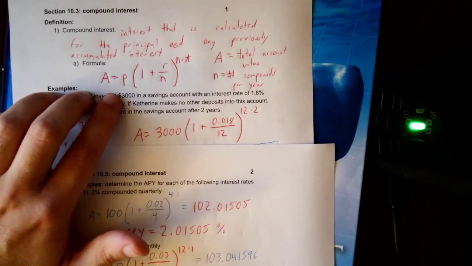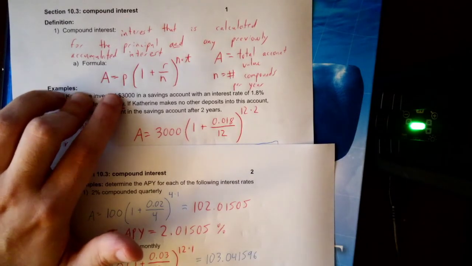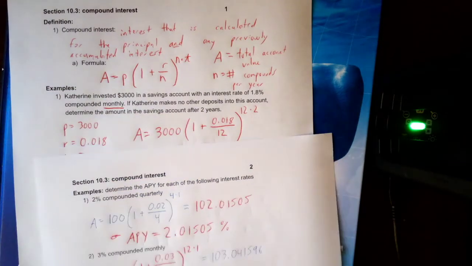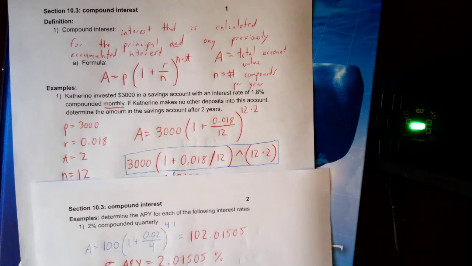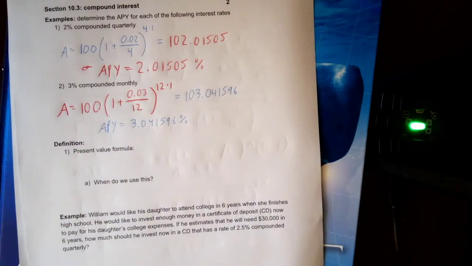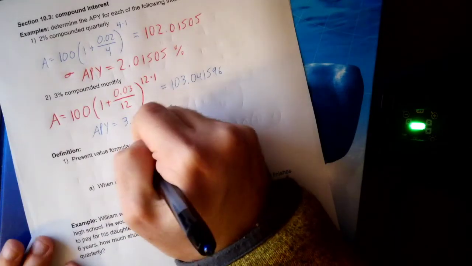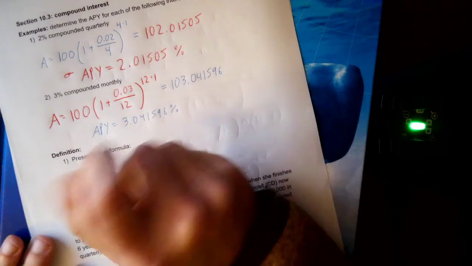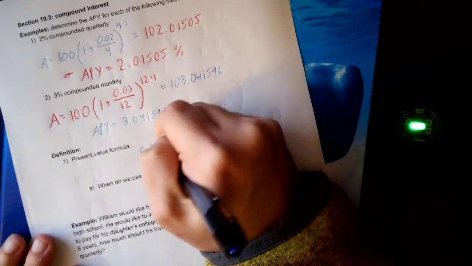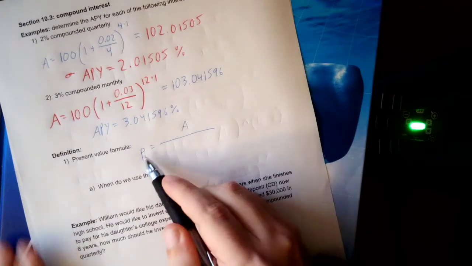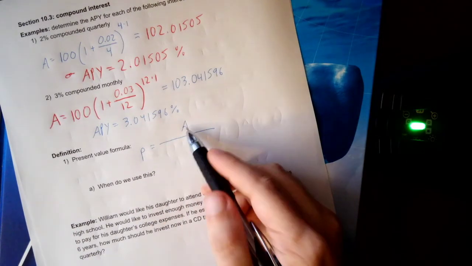So we've used this formula, A equals P, parentheses 1 plus R over N, parentheses to the N times T. And we saw how we can use Google to type the answers in to calculate them, right? We all have Google. What about a present value formula? What if you want to make an investment? Well, the present value formula is all of the same letters. We're just going to rearrange it to be the amount. So we're calculating how much principal you need to invest to get a certain amount.